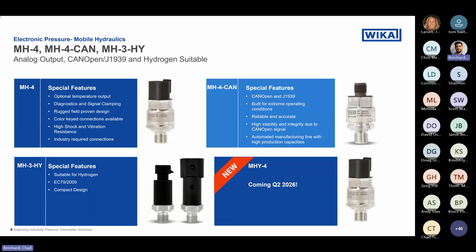And it also has diagnostics and signal clamping. So in these environments, it's important for the sensor to continually check its health and output when something is going on, either with the sensor or it's noticing something special about your machinery, or even the sensor being used to help keep your machine operating smoothly.